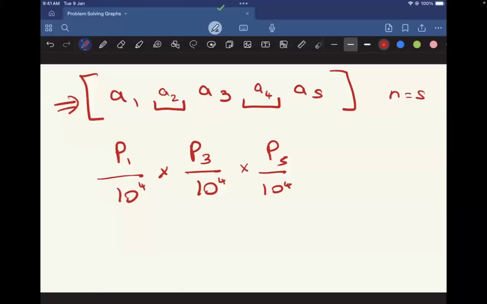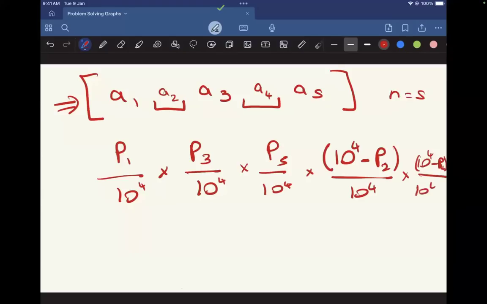So the probability that we didn't pick up A2 and the probability that we didn't pick up A4 should also be multiplied, right? So we would multiply (10^4 minus P2) into (10^4 minus P4) upon 10^4. This is the probability that we got this subset XOR.